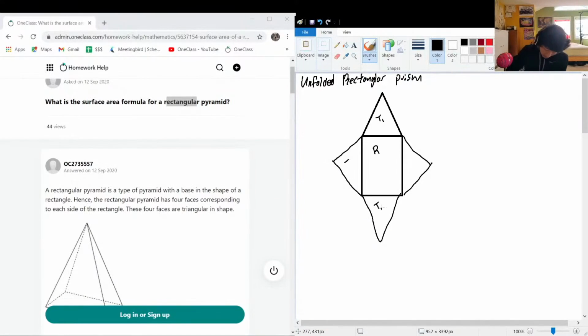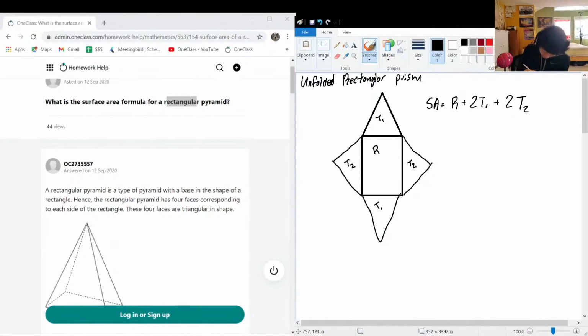And then T2, those are the exact same triangle, but they're different from the T1s. So the surface area is equal to R plus 2T1 plus 2T2. Okay, so let's think about some of the measurements that we're gonna need.